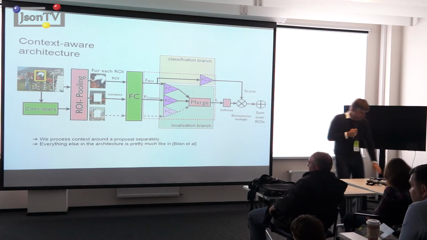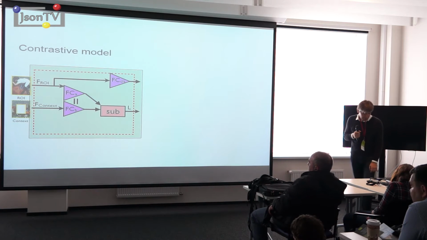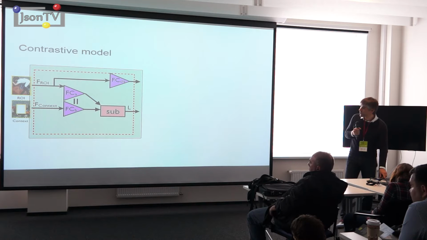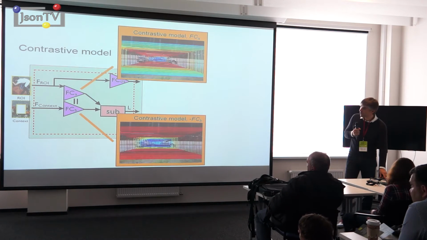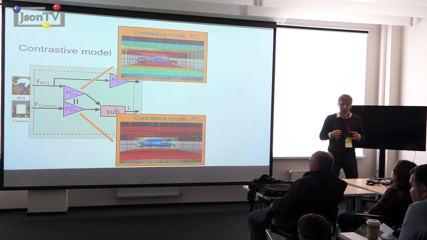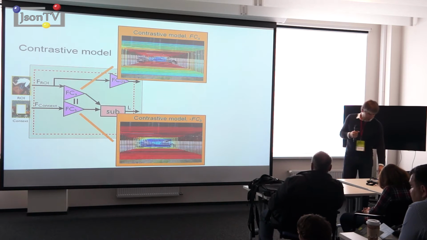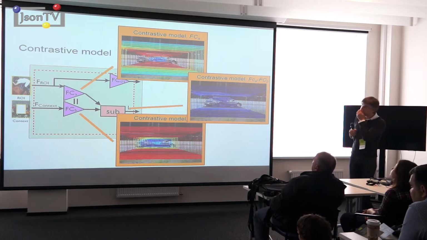While training the network, we constrain the weights of these two layers to be the same, so actually we can do a contrastive model. One we try to shrink the search, the other we try to expand.